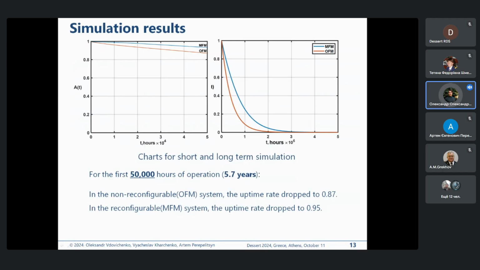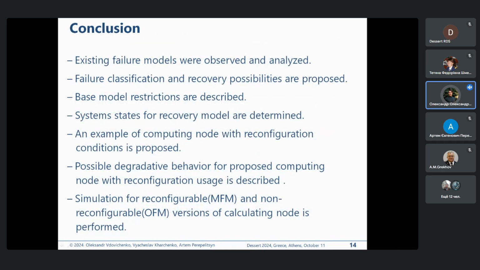On the first thousands of hours, MFM showed an increment of uptime rate in comparison with OFM. This trend continued into the subsequent millions of operational hours, which shows the correctness of the model's performance. So, in conclusion, we need to highlight that we observed existing failure models.